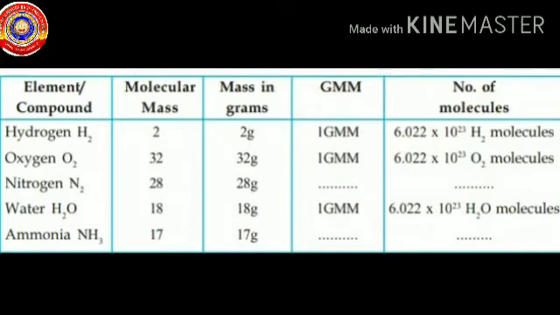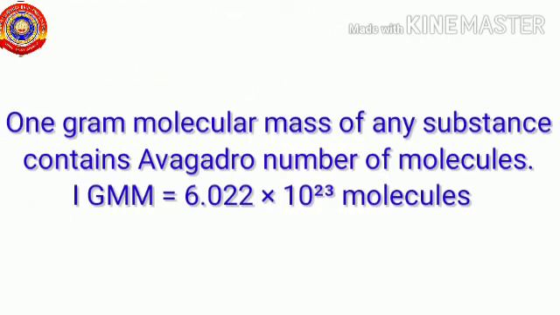And 1 GMM of these elements or compounds contains Avogadro number of molecules. From this, what do you understand? 1 gram molecular mass of any substance contains Avogadro number of molecules. In short, we can say 1 GMM is equal to 6.022 into 10 raised to 23 molecules.